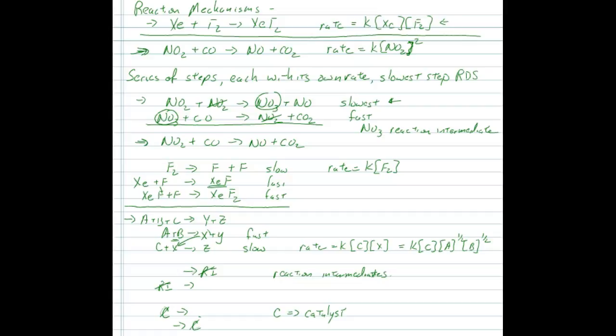The difference is you produce a reaction intermediate and then it is consumed. With a catalyst, you start with a catalyst and then it is produced. That is it on reaction mechanisms.